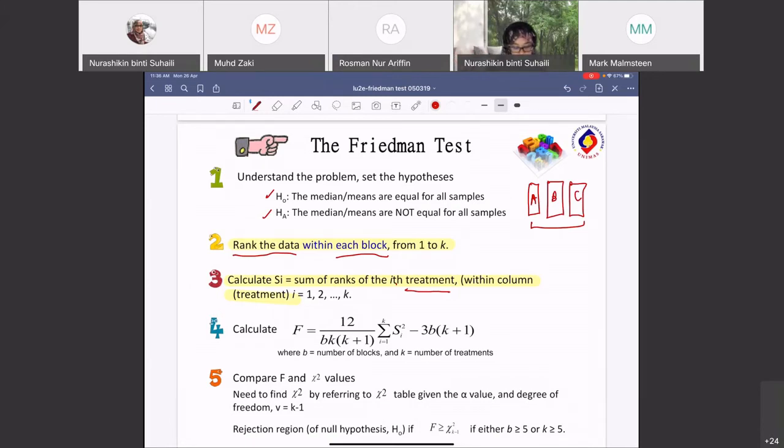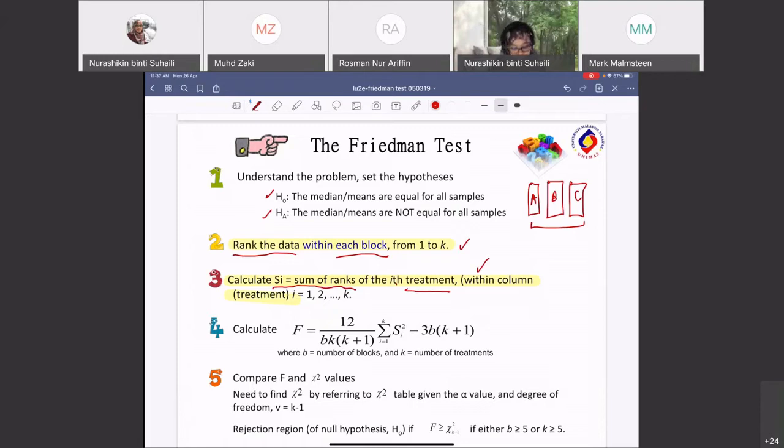So please remember that. But when you calculate the sum of the ranks, Si, it is within treatment, not within blocks. So these two steps are very important for you to understand carefully.